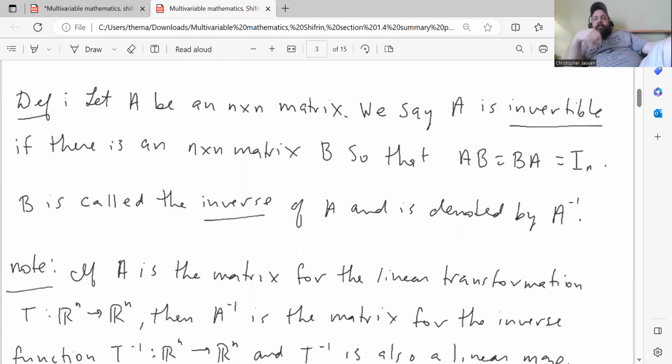That's why we use that notation. Just to make it clearer, if A is a matrix, 1 over A doesn't make sense. You can't divide a number by a matrix, but you can multiply by a multiplicative inverse of a matrix.